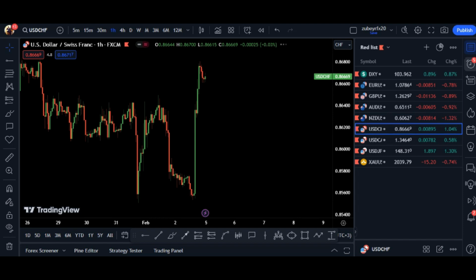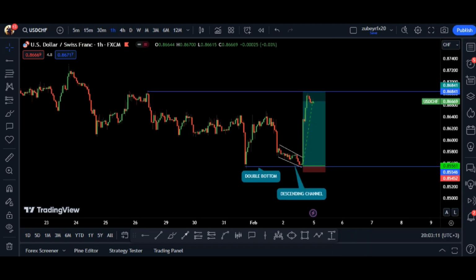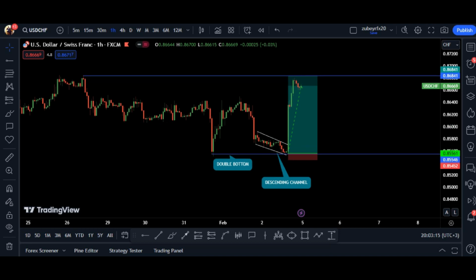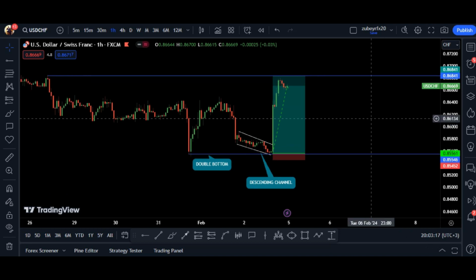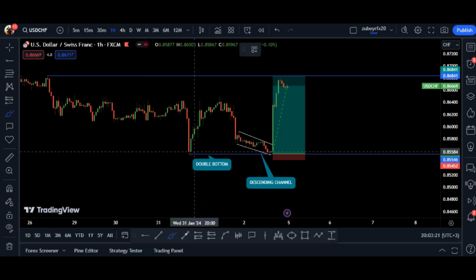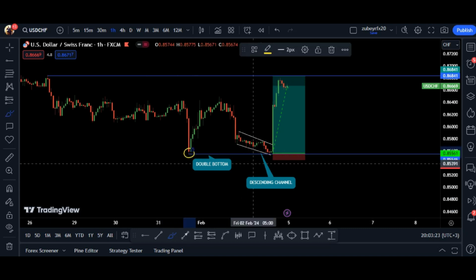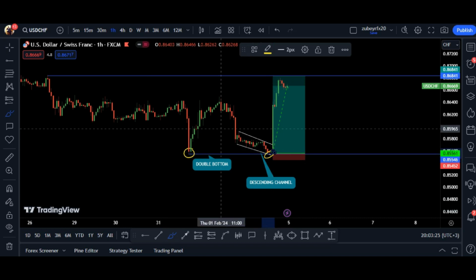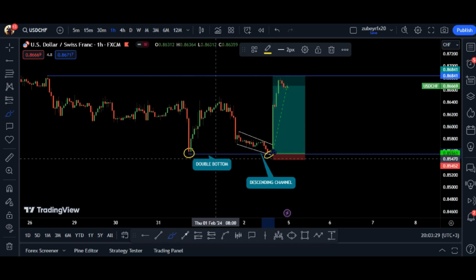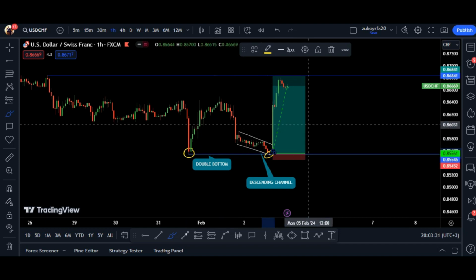So now let me show you USD/CHF. Of course it's starting from USD, that means we are expecting a strong buy, and the miracle thing is that here we have a strong buy area, a double bottom plus a descending channel.